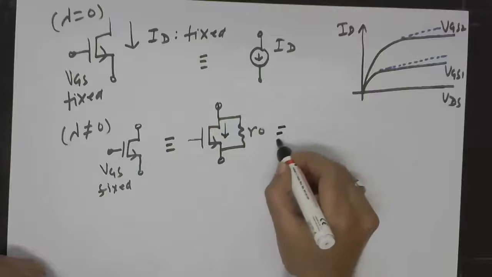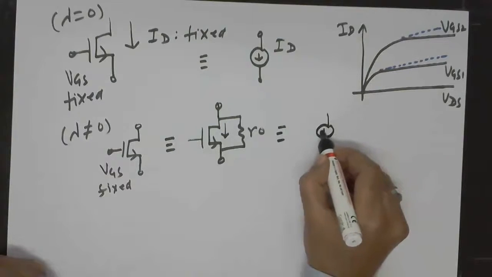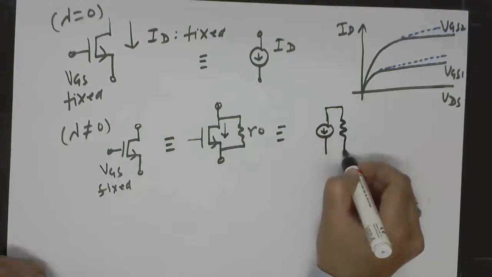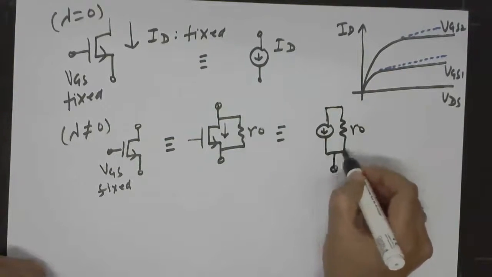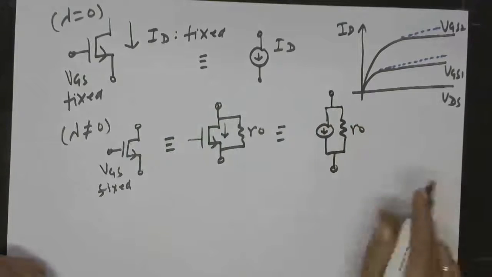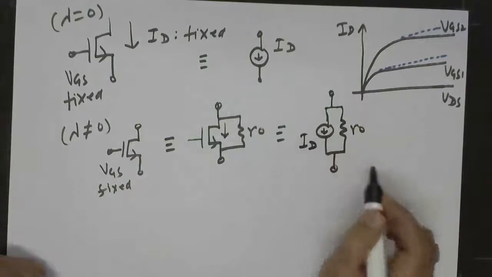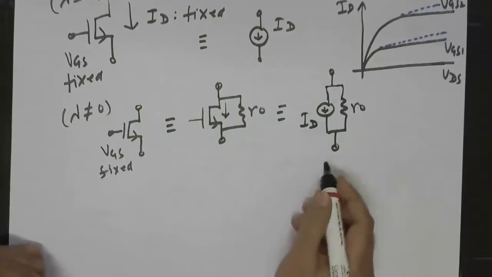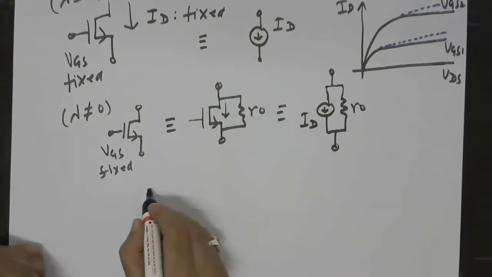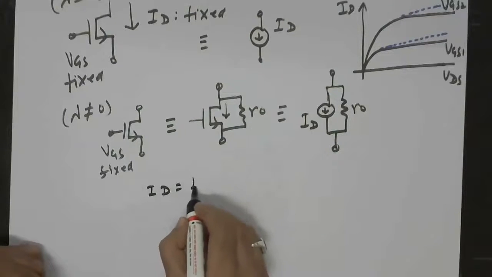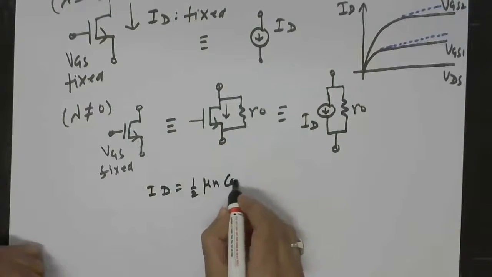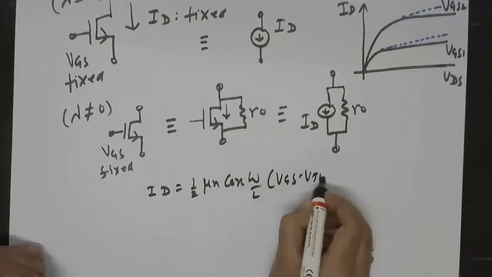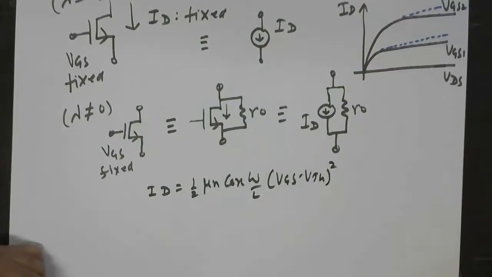So in this case, the current source actually becomes like this: ideal current source ID in parallel with a resistor R0. Where ID will be 1 by 2 mu n COX W by L (VGS minus VTH) whole square.